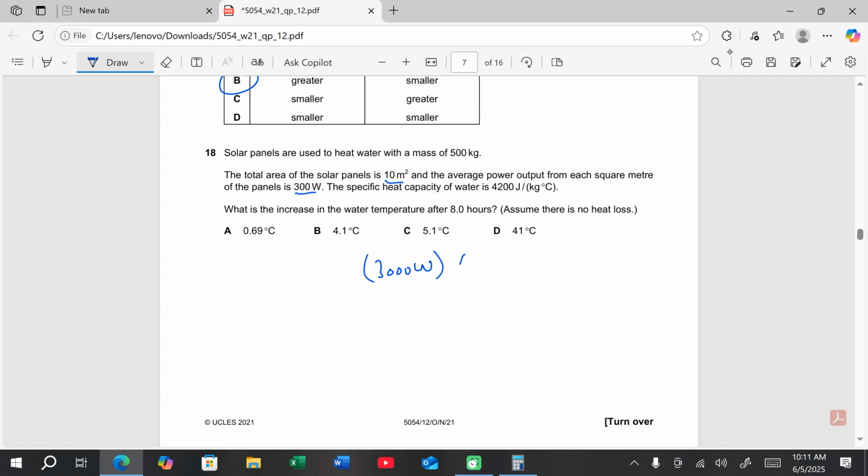So this has to be multiplied with 8 times 3600, which is equal to mass times specific heat capacity, which is given, times the temperature change that we need to find.